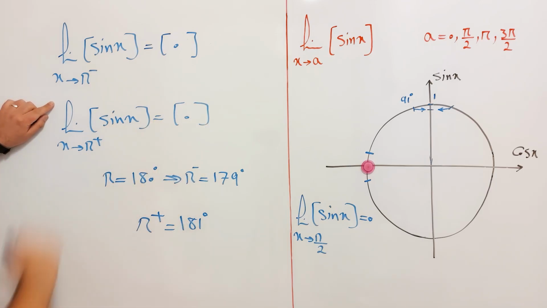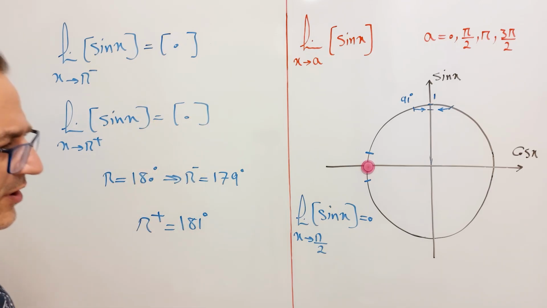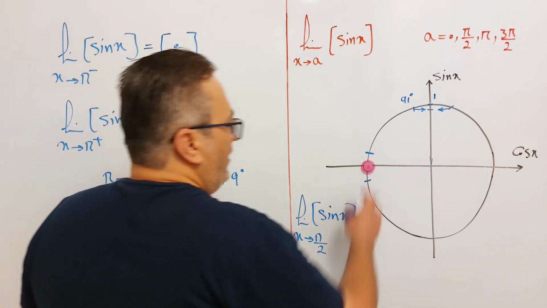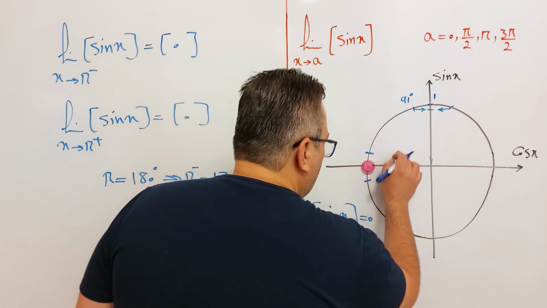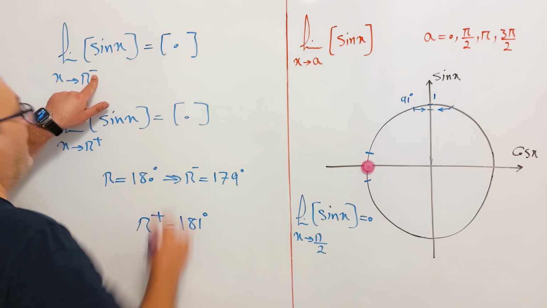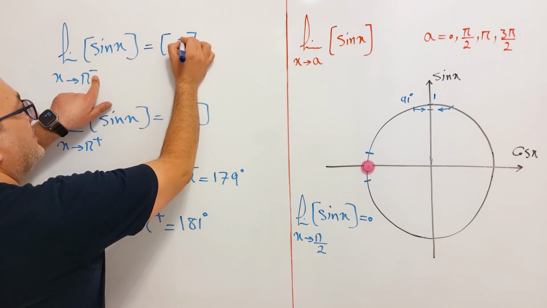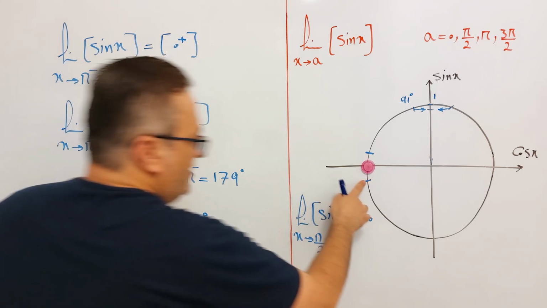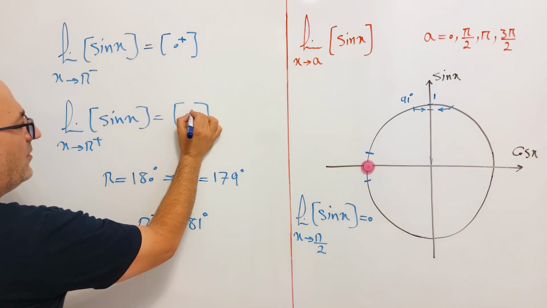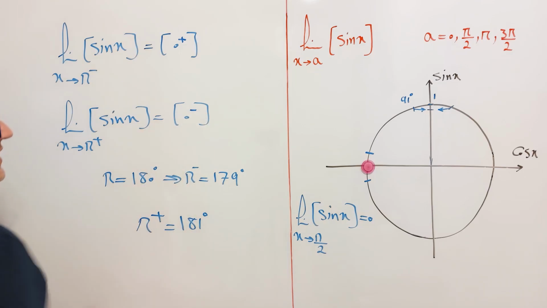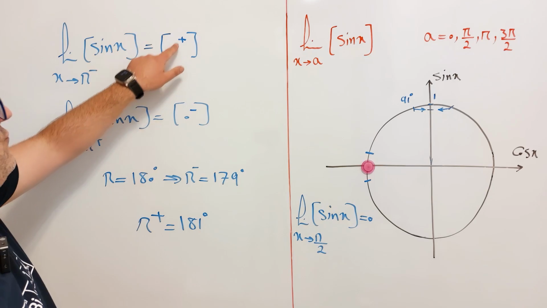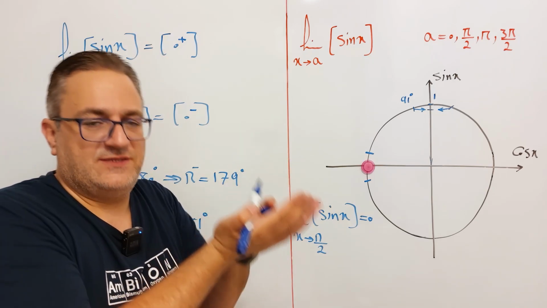Sine of pi is 0, but from the right or from the left, we know that sine is positive in the second quadrant, so the values from the left are positive, and sine is negative in the third quadrant, so the values from the right are less than 0.